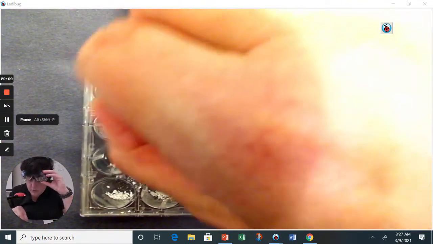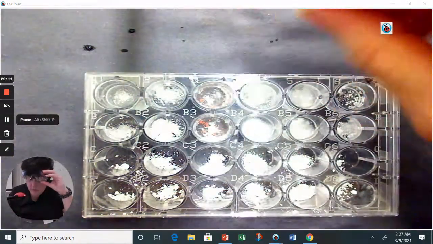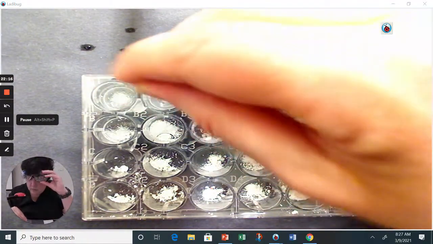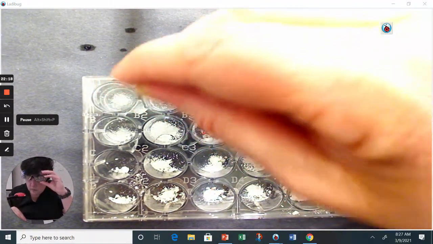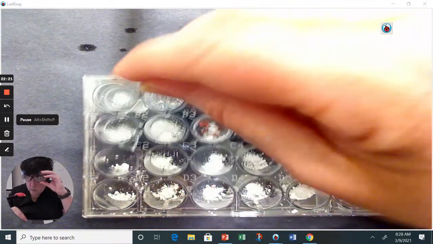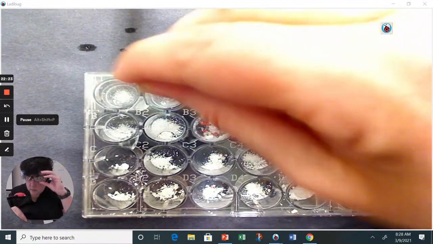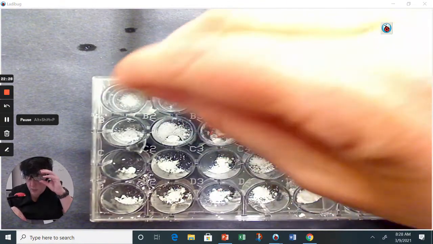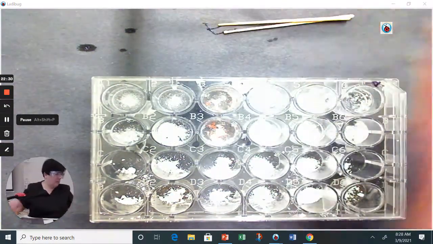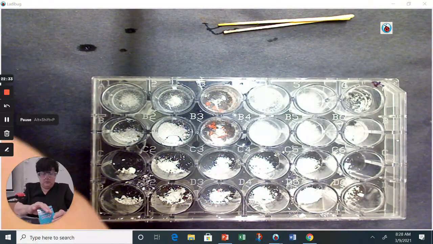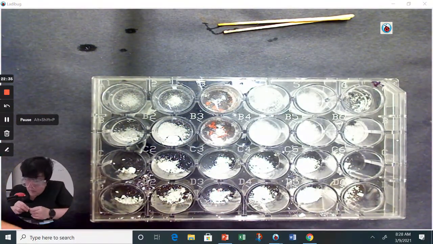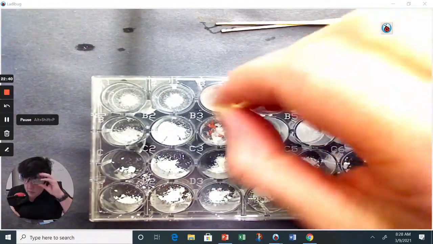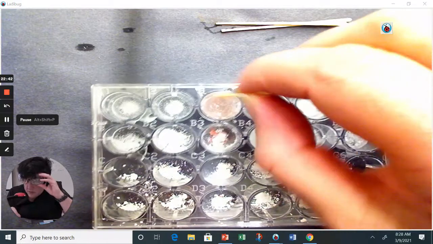I'm stirring. That is not going into solution. There's a lot on the bottom. I flipped it over, by the way, from well to well. I did not put the same end in. Okay, so this is interesting.